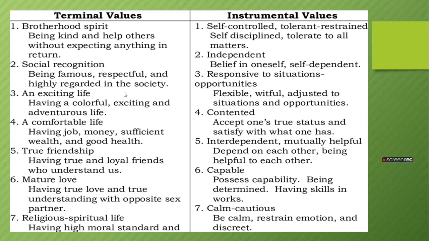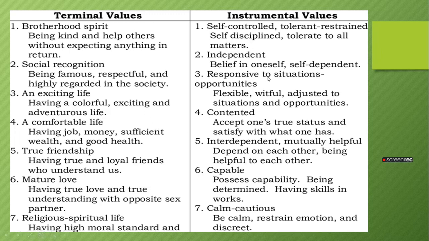So, for example, being cheerful, loving, honest, self-controlled, capable, ambitious. Here in our presentation are also examples: self-control, tolerant, restrained, self-discipline, tolerating all matters. Number 2 is independent, responsive to situations or opportunities.